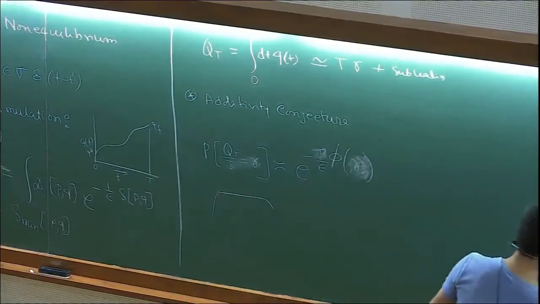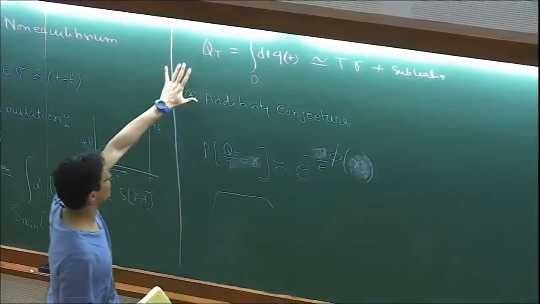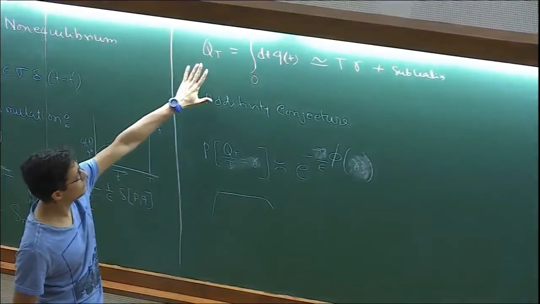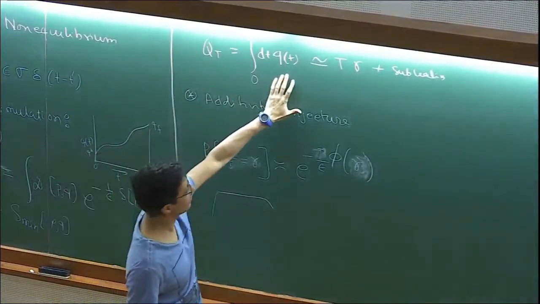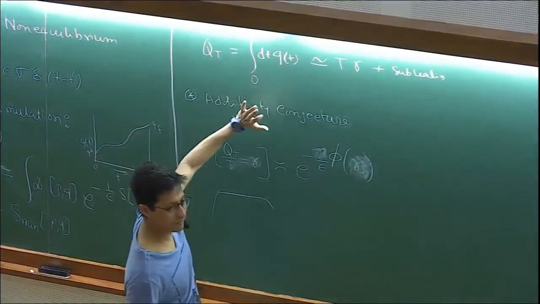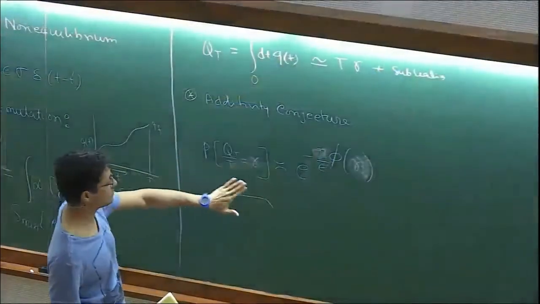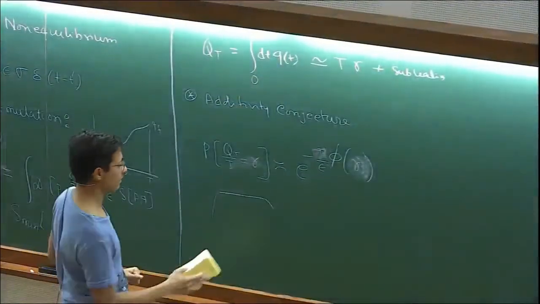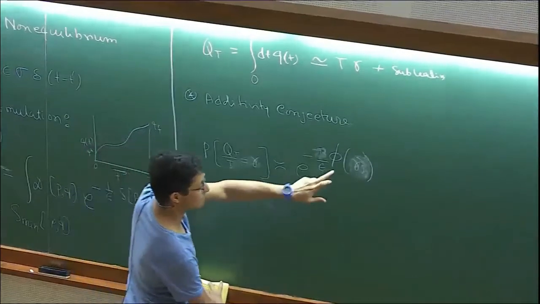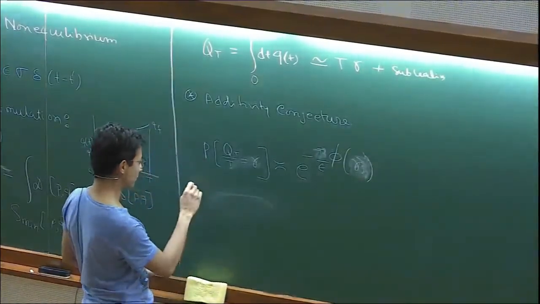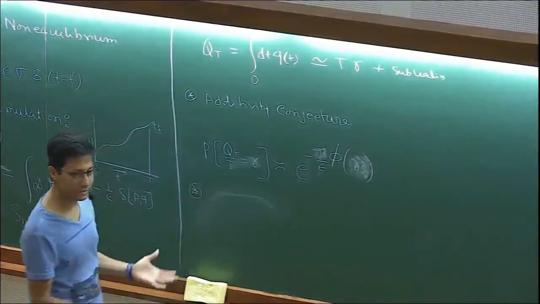Okay, so let me say this one more time. You could have first a problem, which is, let's say, this one. And I claim that at large time, of course, there would be a part which is scaling with time, and there's a subleading part. And the claim is that there is this large deviation form. Okay? Then how does one calculate this phi function? For that, one would formulate a variational problem.